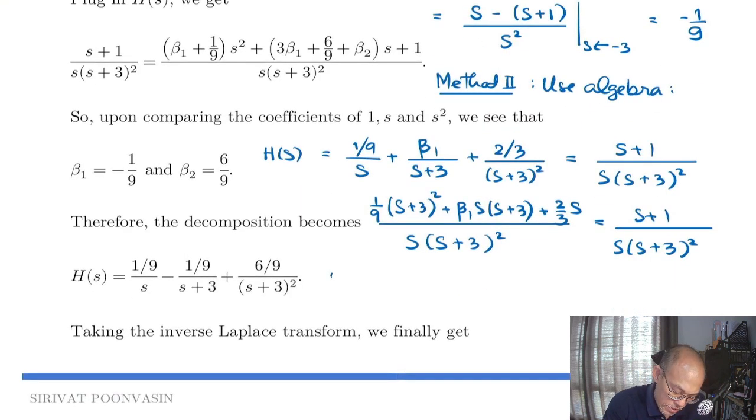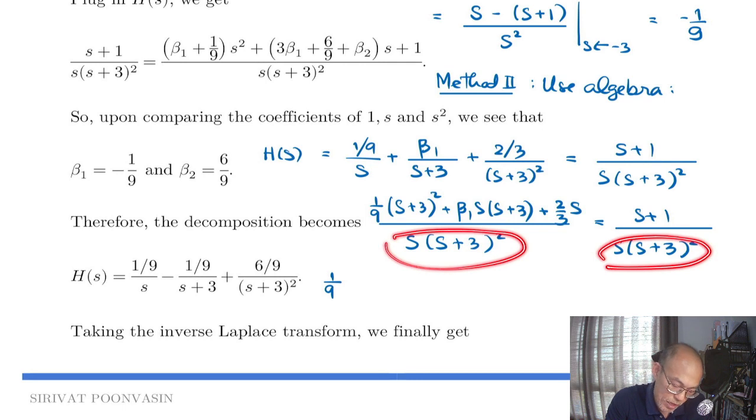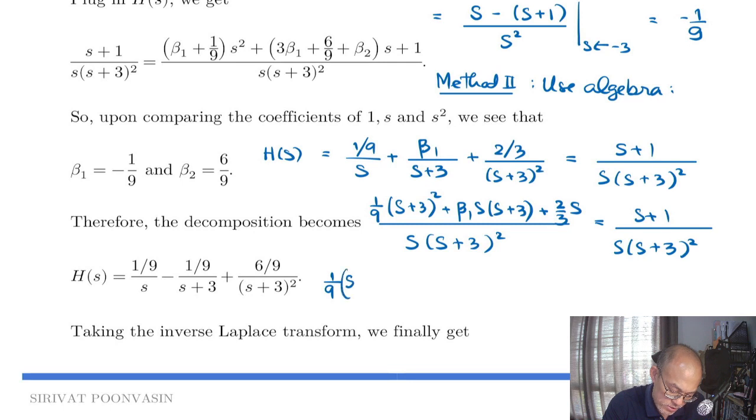Now, I'm going to ignore the denominator because they're equal, so I'm going to focus on the numerator. Okay, as for the numerator, the first term would be s squared plus 6s plus 9. And the second term will be beta 1 s squared plus 3 beta 1 s.